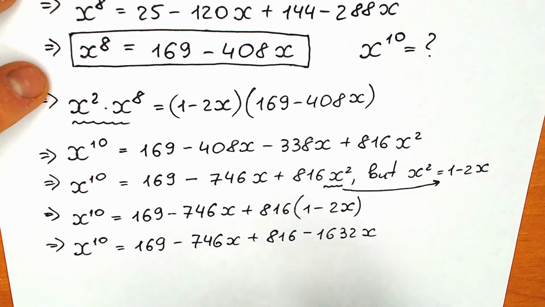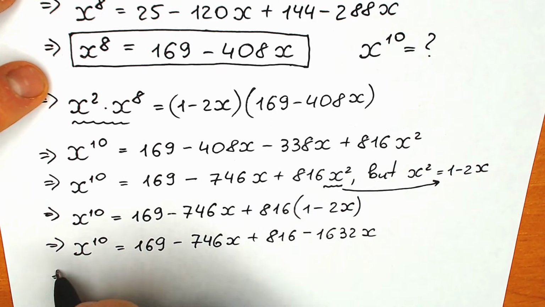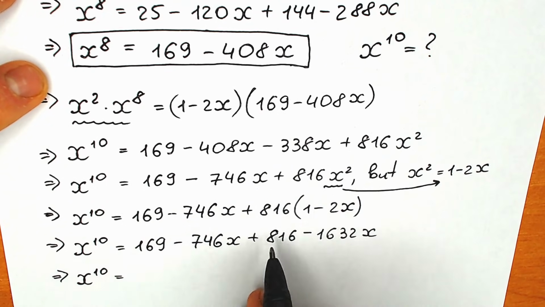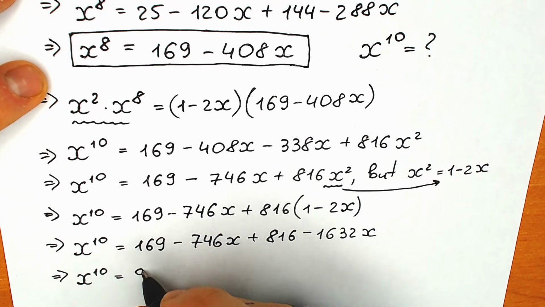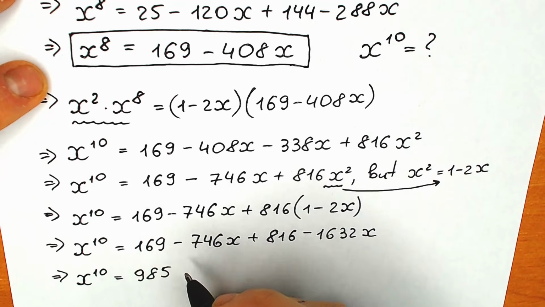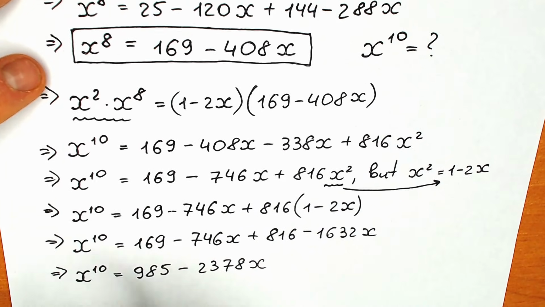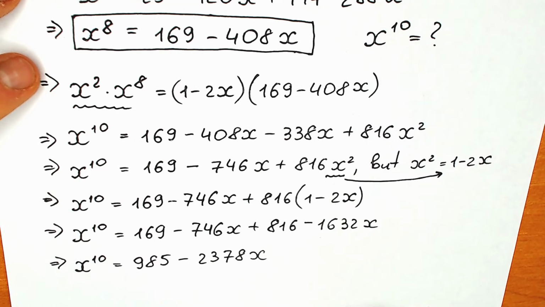So our last step is to add it. As a result, what do we have? x to the power 10 equal to 169 plus 816, so we have 985, minus 2378x. So this is x to the power 10, the expression that we need to find from the beginning.